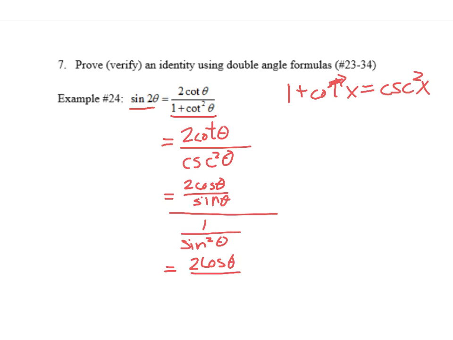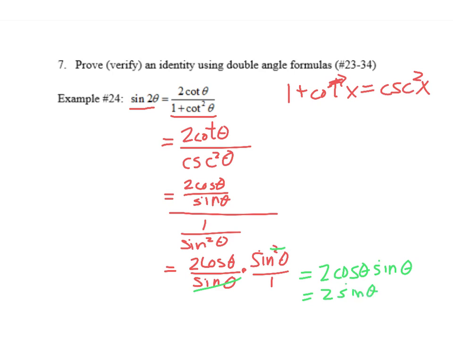We'll take the numerator fraction times the reciprocal of the denominator fraction. And once again, let me change colors here. We're going to take 1 sine out of the bottom and 1 of the sines out of the top, and end up with 2 cosine theta sine theta, which we know is the same as 2 sine theta cosine theta, which is sine of 2 theta.